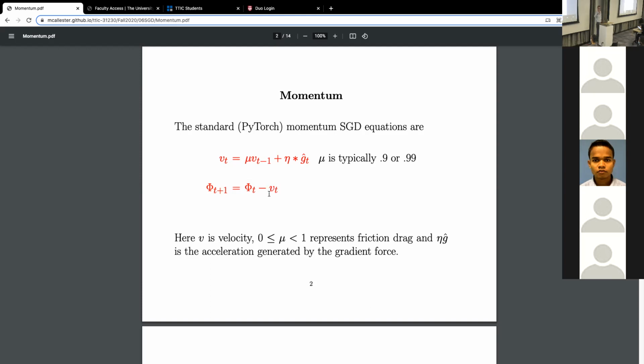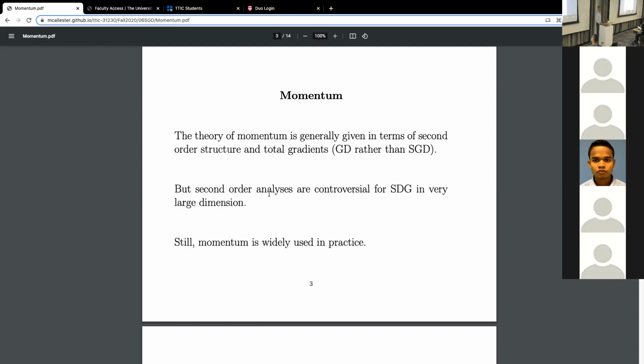And the velocity is being influenced by... so why? Why do this? There are theorems in convex optimization that rely on momentum. But those theorems are all about the second order structure of the loss surface. There's some optimal bowl, and typically you draw pictures with ellipsoids around this local optimum.